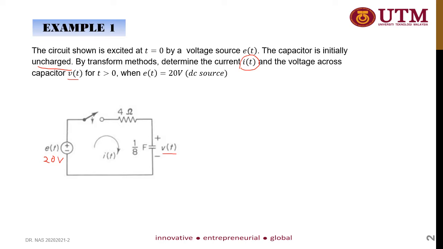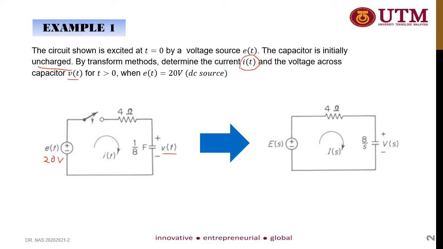So in order to solve this, you need to transform the circuit into an S-domain circuit. The source e(t) becomes E(s). The 20 volt, when you convert into S-domain, is 20 over S, and R stays as it is. And then the capacitor, you have 1 over SC.